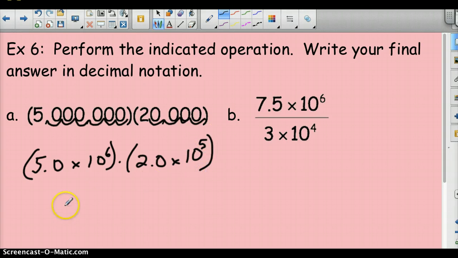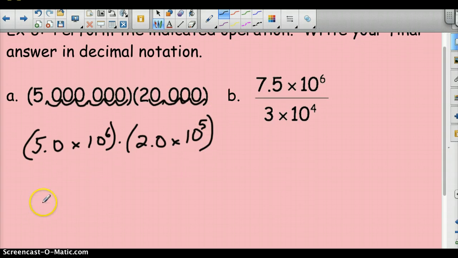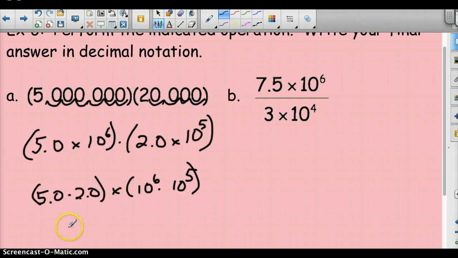So I convert them into scientific notation so that I can do the multiplication. With the multiplication, I will do the bases, 5.0 times 2.0, and then I will multiply the exponents, 10 to the 6th times 10 to the 5th. Moving on, 5 times 2 is 10.